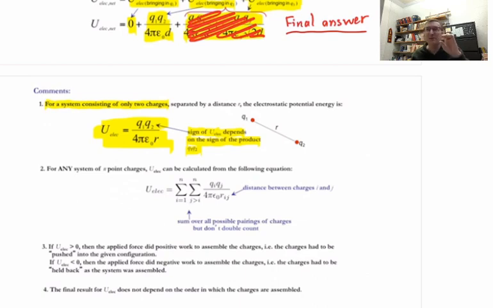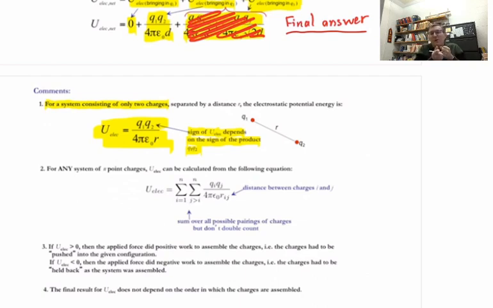Now, the second situation is something you might not be quite so comfortable with. Negative stored energy. Negative U elect. And that would happen if the Q1 times Q2 value was a negative number. Clearly that would happen if one of the charges was positive and the other was negative, because then the product is negative. That means I have to do negative work to assemble this.